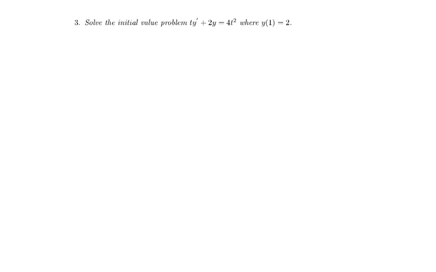And for this third problem, it isn't quite in its linear form. So this one, we first have to make sure it satisfies that form. So I'm going to divide through by the t that is multiplied by the y prime.